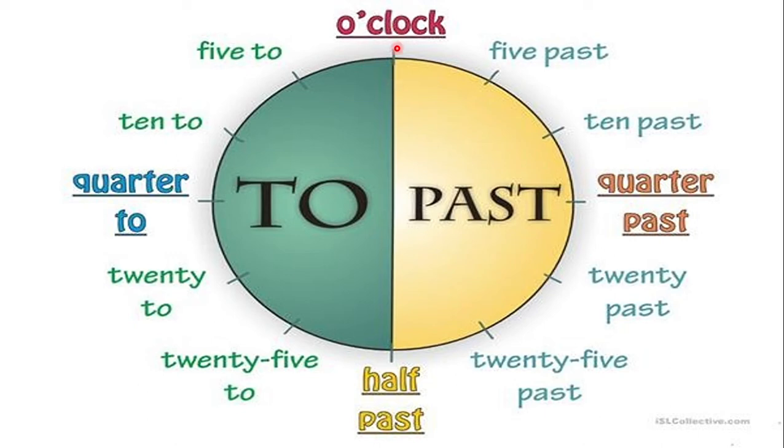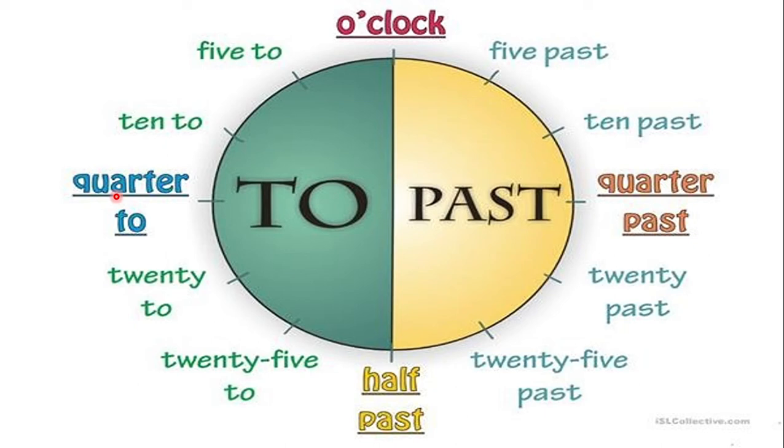Here we have o'clock. In the right part, we say 5 past, but on the left part, we say 5 to. On the right part, we say 10 past. On the left part, we say 10 to. On the right part, we say quarter past.